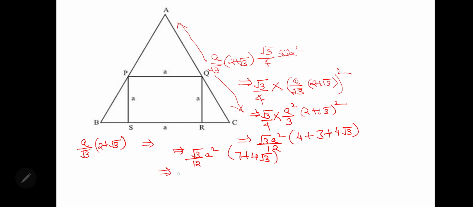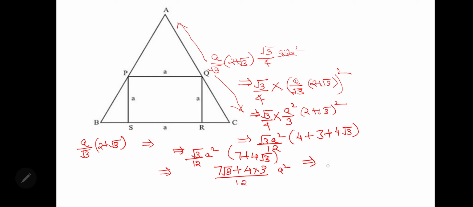Okay, what can I do? I'm just going to multiply root 3 with the inside of this bracket. So this would be 7 root 3 plus 4 root 3 into root 3, which is 12, upon 12, and this is multiplied by a square.